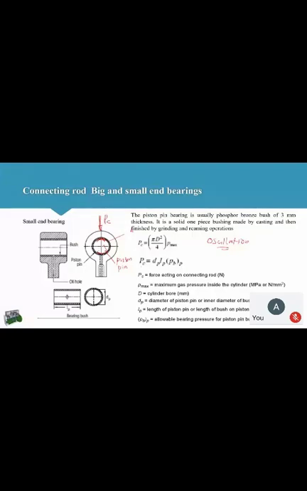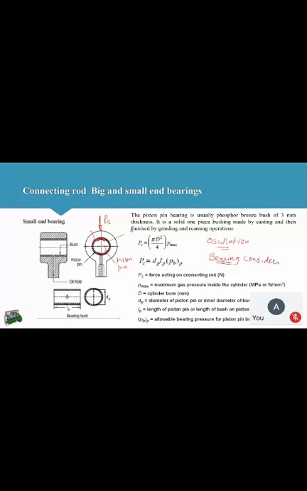Why? Because the bush is tightly fit into the small end, so there will be relative motion between the piston pin and the bush. Because of that, we are bound to understand this as a bearing consideration.